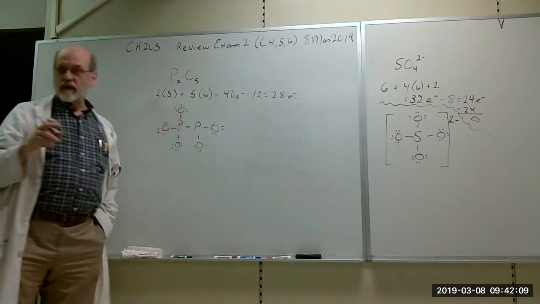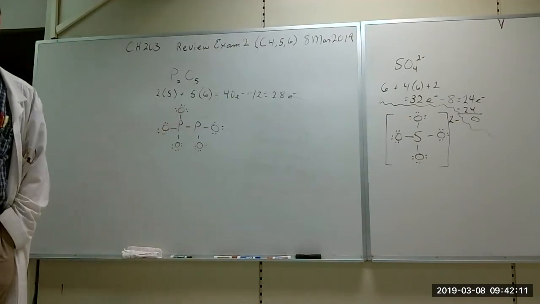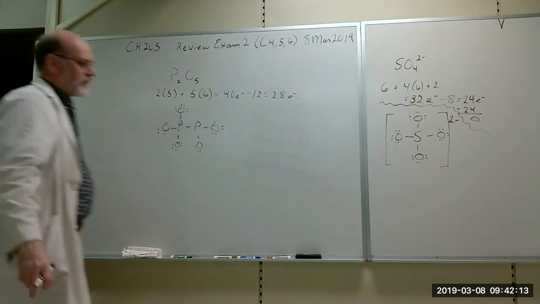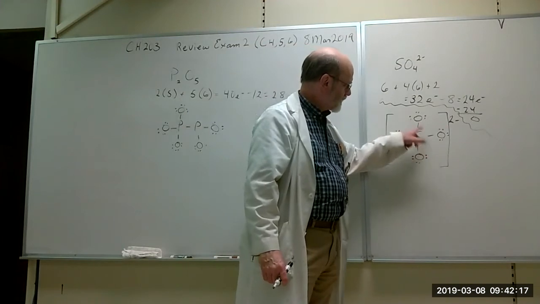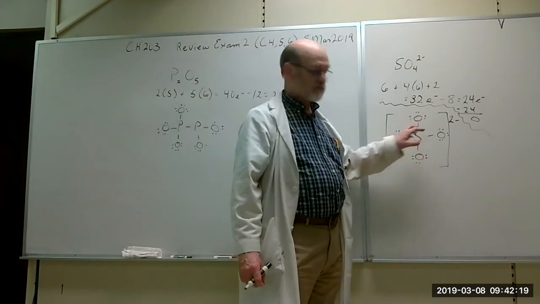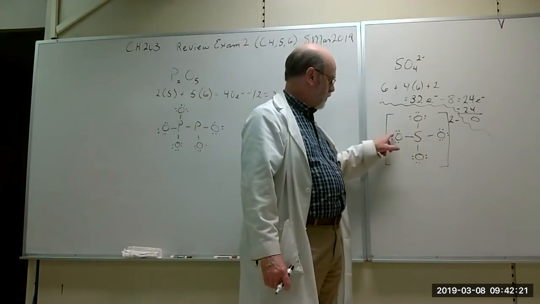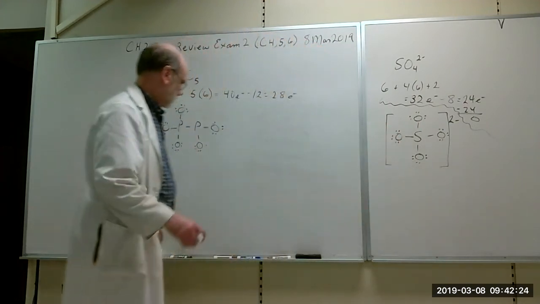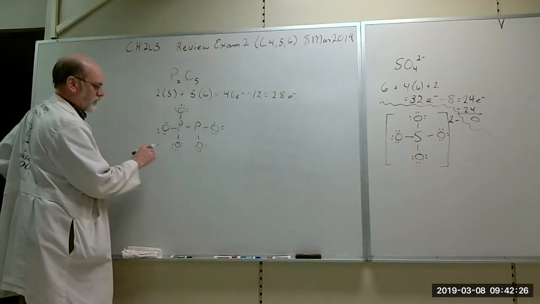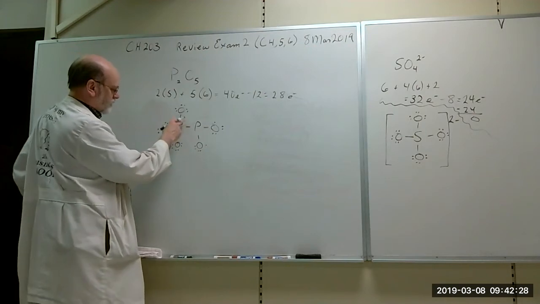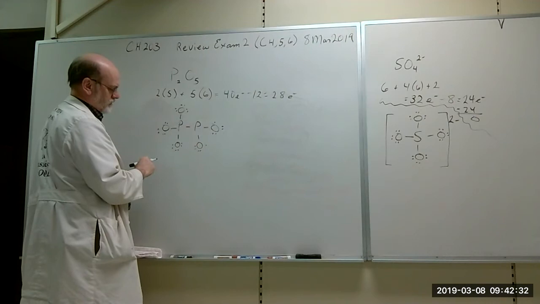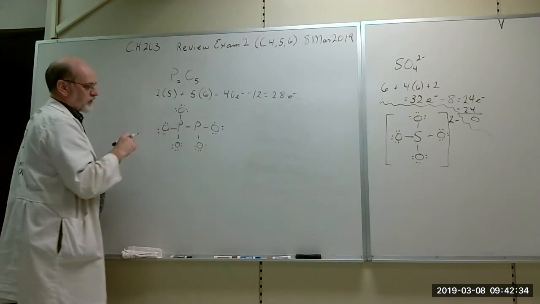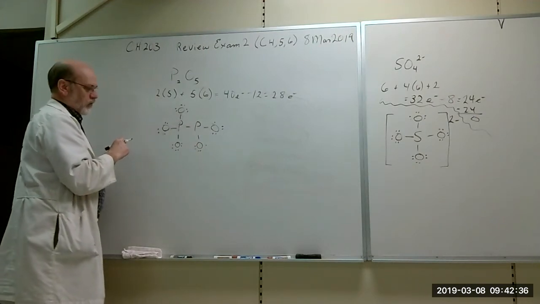Plus, you try to complete the octet. For this one, sulfur has 2, 4, 6, 8. That's an octet. Each of the oxygens has 2, 4, 6, 8. That's octet. For this one, this phosphorus has an octet. That phosphorus does not. So, what are we left with?